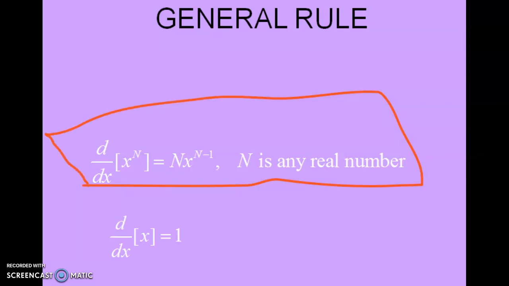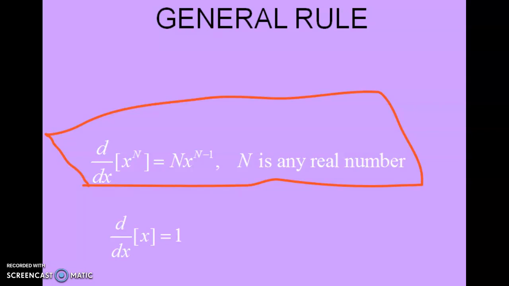We'll see the other rules, but if you have x to the power of something, maybe x to the power of 5, x to the power of 4, what you do is simply bring down your 5, then multiply by x to the power 5 minus 1. That's how you differentiate.